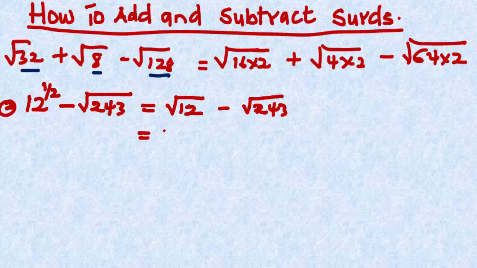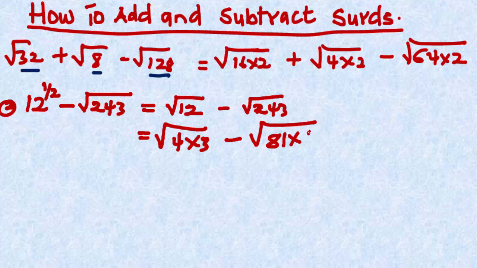So when we take root 12, we have 4 multiplied by 3, then minus root 243, we have 81 multiplied by 3, so 2 root 3 minus 9 root 3.